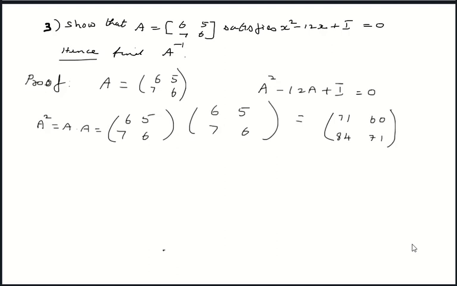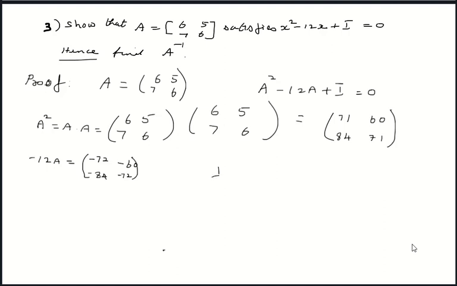Now I want minus 12A matrix. Minus 12 is multiplied to each and every element of A. So minus 12 into 6 is minus 72, minus 12 into 5 is minus 60, minus 12 into 7 is minus 84, and minus 12 into 6 is again minus 72.